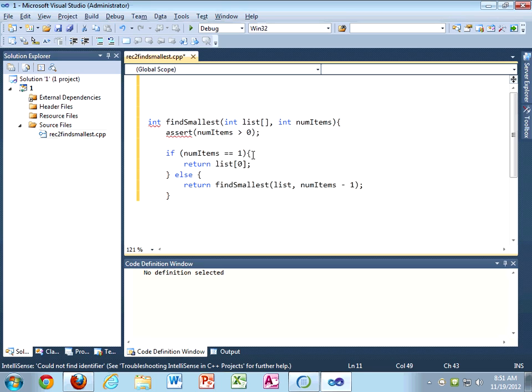That's correct. I guess I would change the article there. Instead of saying a list, it's not just any list, it's this particular list, right? It's going to return the smallest item in the list that's one smaller than this list. Okay, but can we be more precise about in what way it's one smaller?